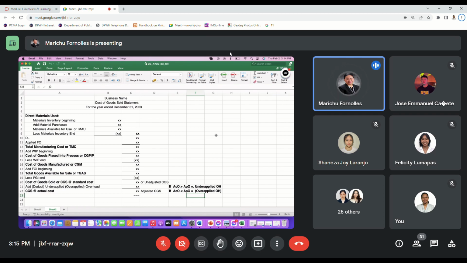So it moves in the same direction as your production changes. So if production increases, total variable cost will also increase. If production goes down or decreases, then TVC also decreases. But on a per unit basis, the variable cost per unit is constant.